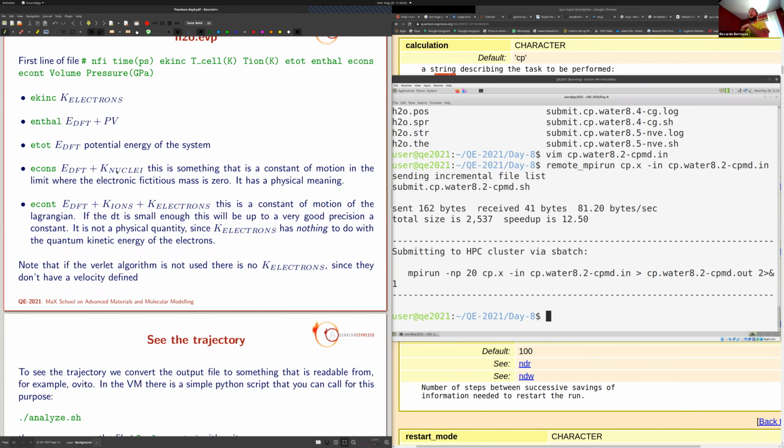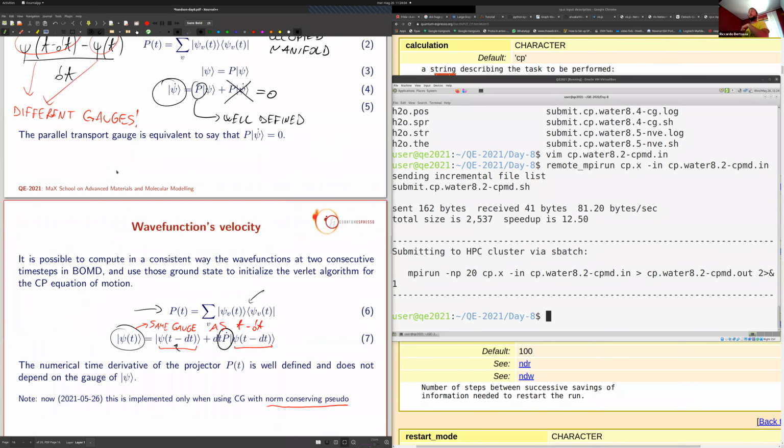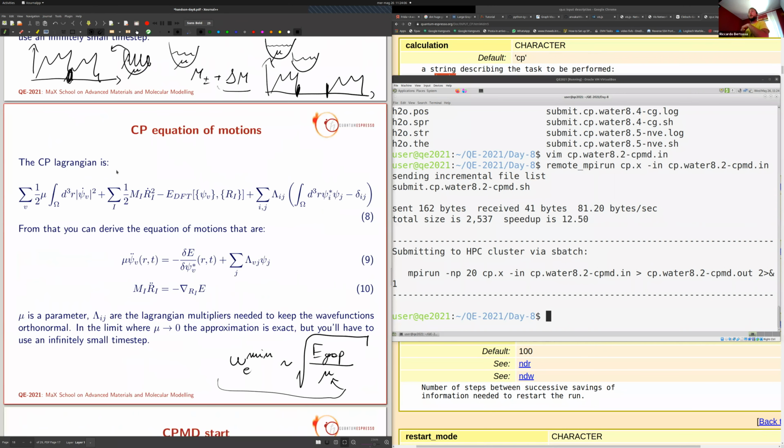This is K nuclei, I called this part. This part is the kinetic energy of the nuclei. And this is the kinetic energy of the electrons.